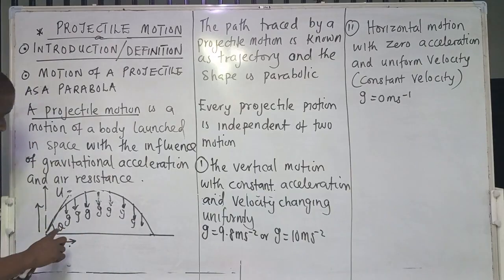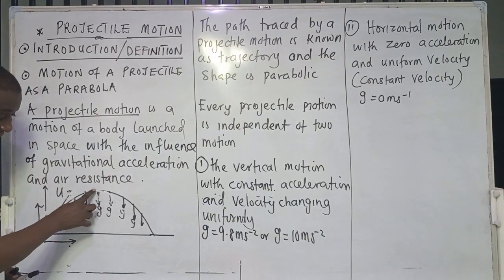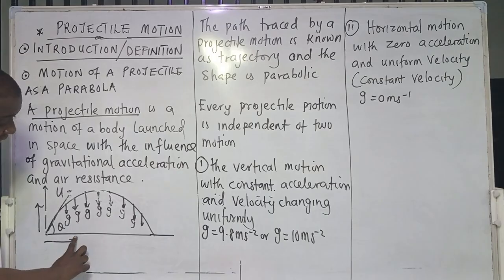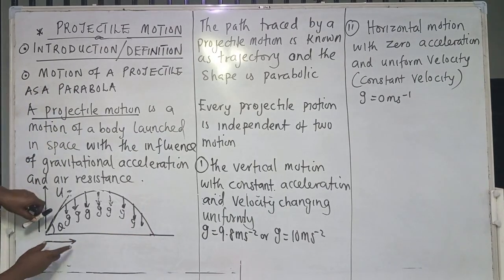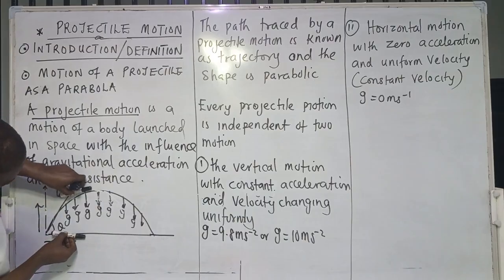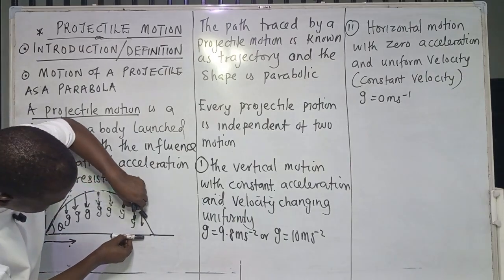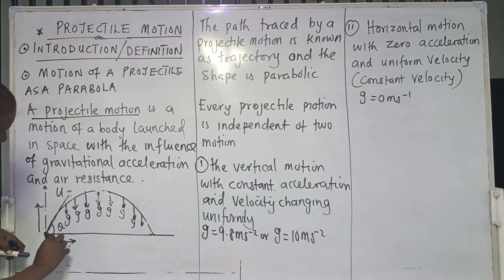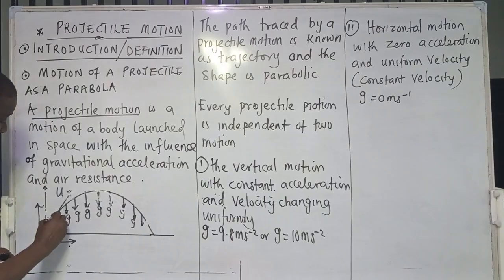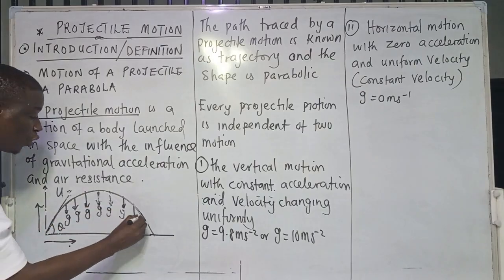So if a body is moving like this and another body is moving like this, they will both have the same time. That means they will all get to this place at the same time, because this one is not affected by gravity, while this one is affected by gravity. So that is how it works.